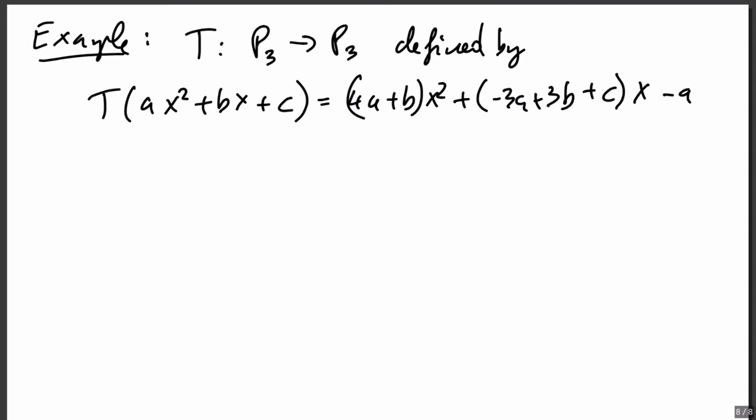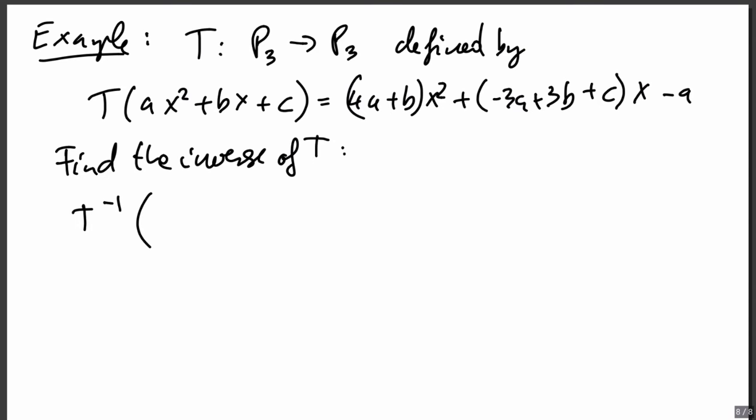Then we would like to find the inverse of T. And more precisely, we would like to see how it looks in general for a polynomial of the form ax squared plus bx plus c.